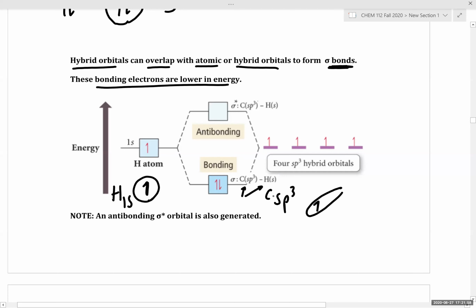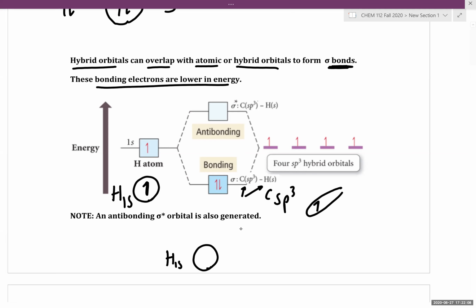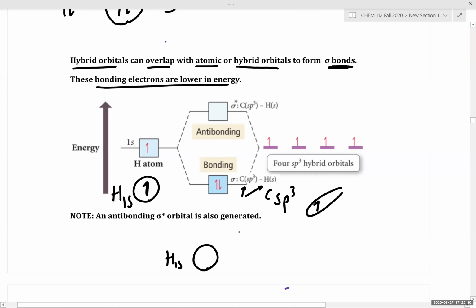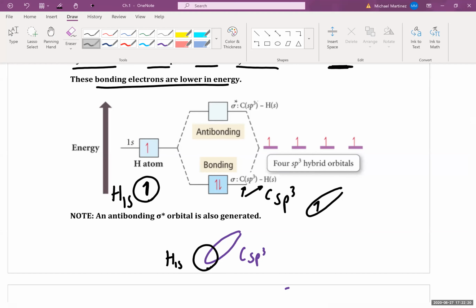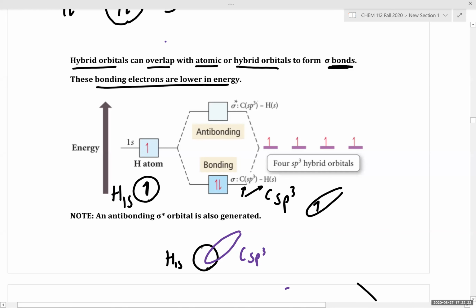So to showcase and to draw out this orbital overlap, we draw out our hydrogen 1s, and in turn it overlaps to form a chemical bond with our carbon sp3 orbital. And as this is an overlap directly along the bond axis, we call this a sigma bond, hydrogen 1s plus carbon sp3 orbital.